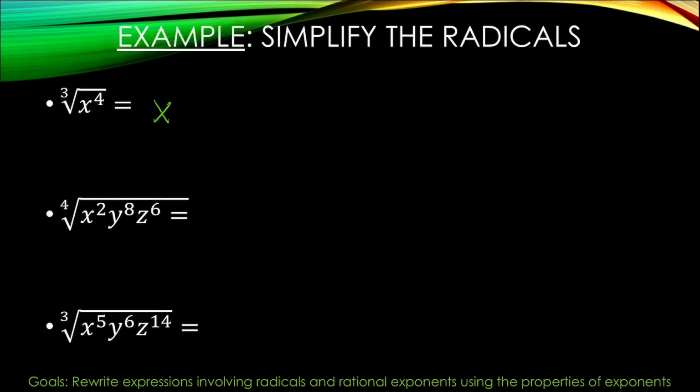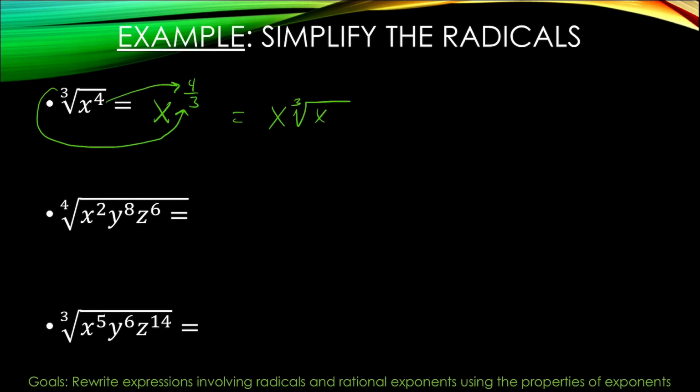I'd say x raised to the 4 thirds power. The 4 goes right there. The 3 goes to the bottom, here. And then we can simplify this as well. So this would be x times the cubed root of x.